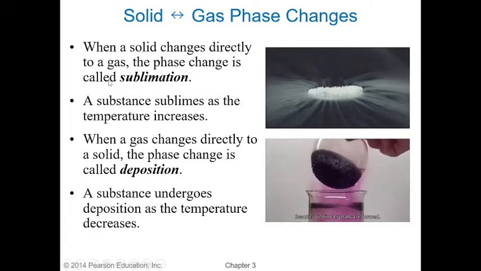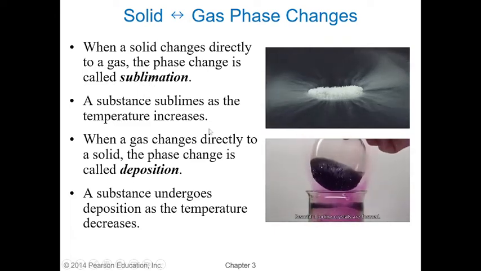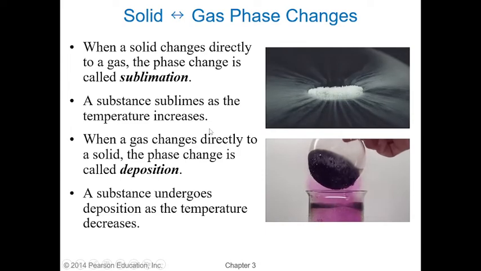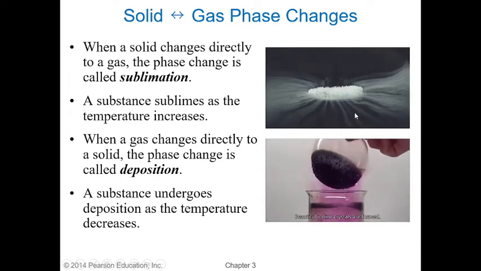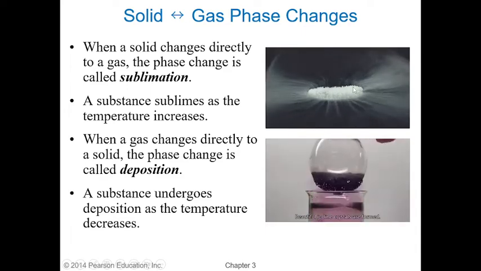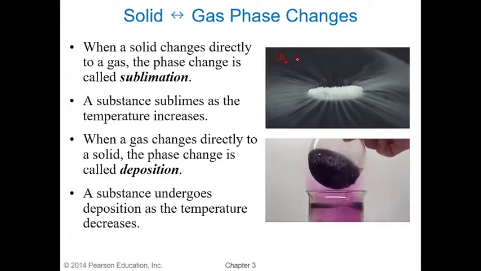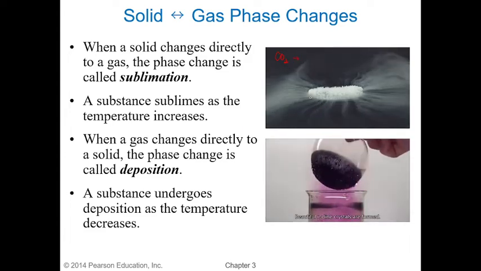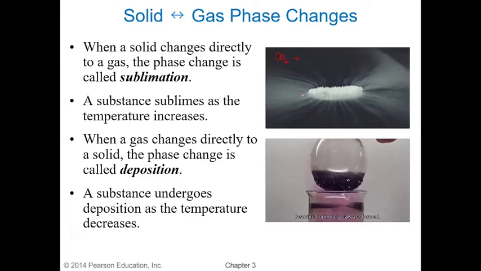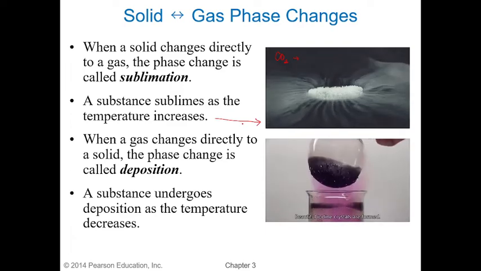Sublimation happens only if there is an increase in the temperature. One example is dry ice. Dry ice is just carbon dioxide. This is the one used in concerts, the foggy effect. From solid, it becomes gas directly. This happens only if the temperature is increased.